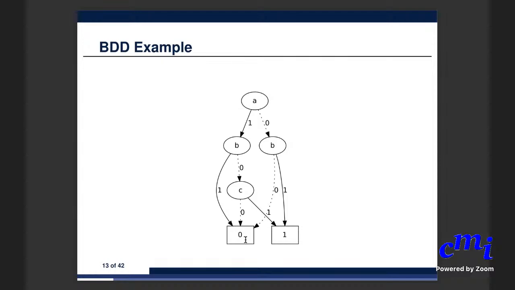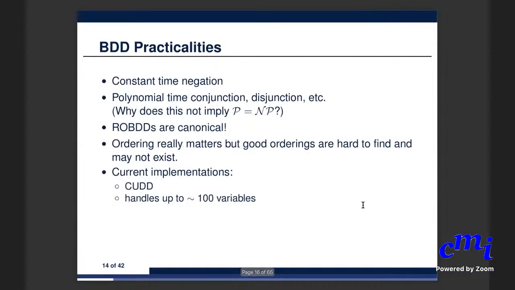If A and B are 1, it is 0, regardless of C. If A is 1 and B is 0, then it is 0, and so on. That's how it should be read. Every function has a unique representation.